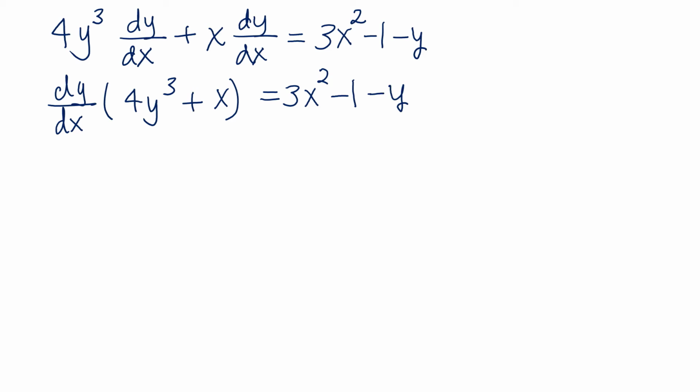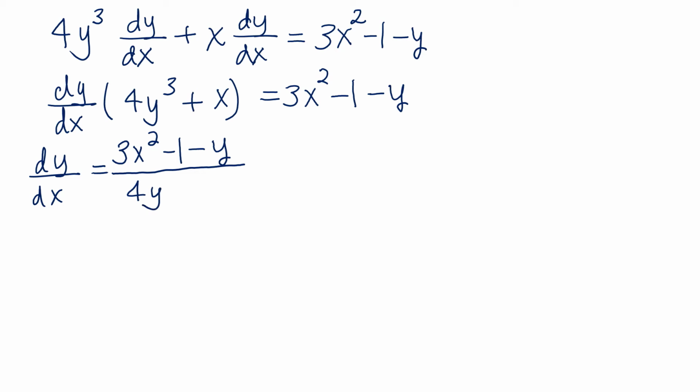Now divide by 4y cubed plus x on both sides, and we get that the derivative dy/dx is equal to 3x squared minus 1 minus y divided by the entirety of 4y cubed plus x.